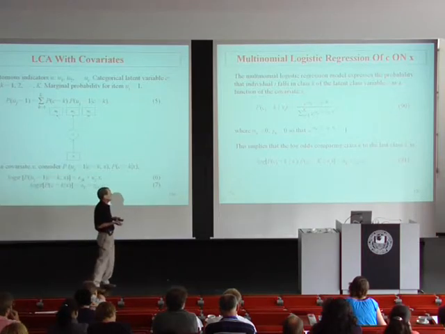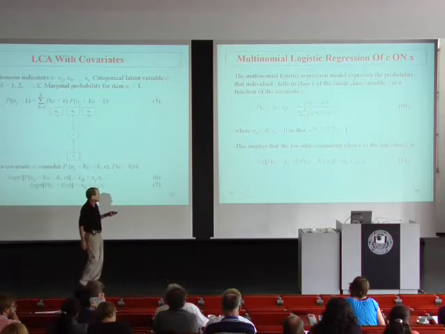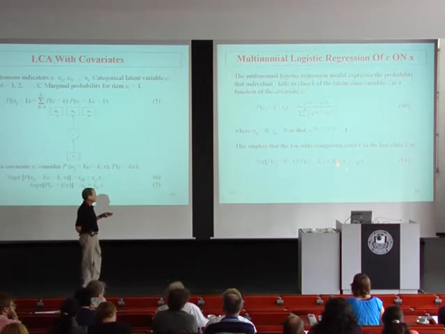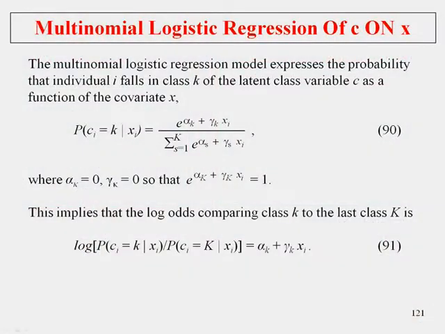There is a distinction here, though. In the unordered nominal case, note that we have several intercepts, which is related to thresholds. We'll talk more about that later, because they're indexed by k. But we also have several slopes. So the slope varies as a function of the categories of the dependent nominal variable.